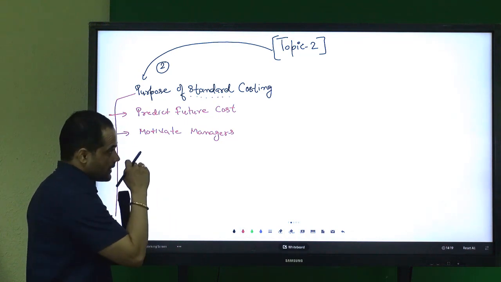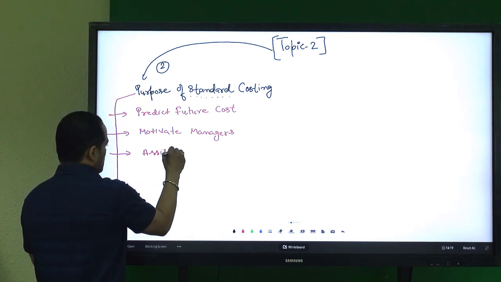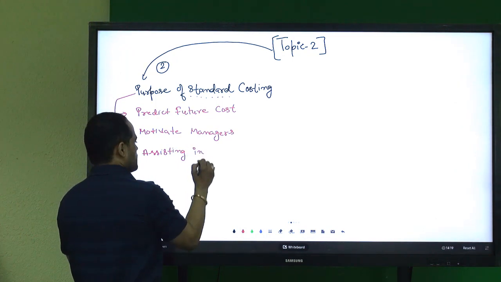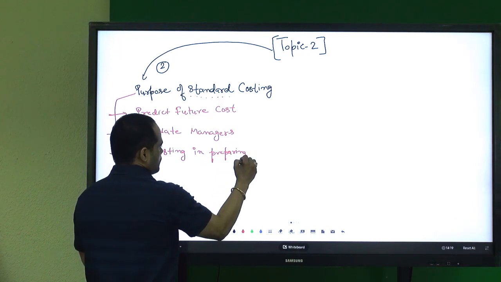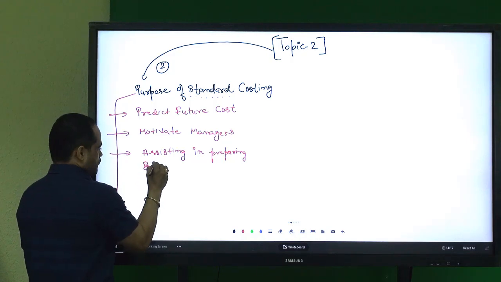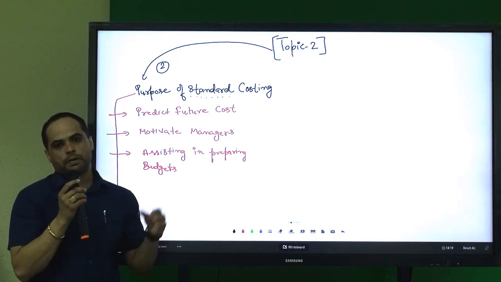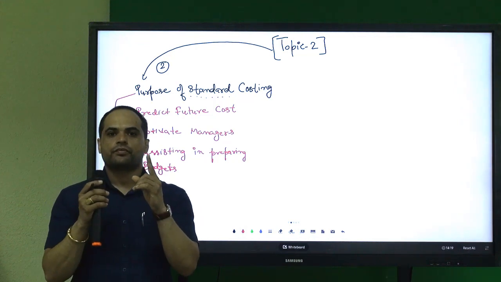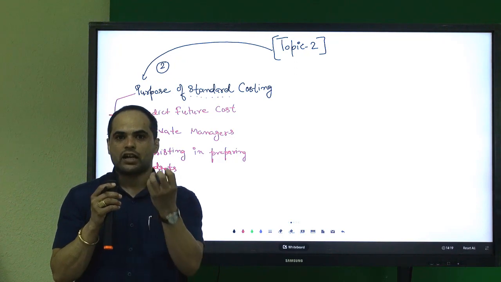Next one is that it helps us to prepare budgets, because a standard is for a single activity or single unit, whereas a budget is a total.